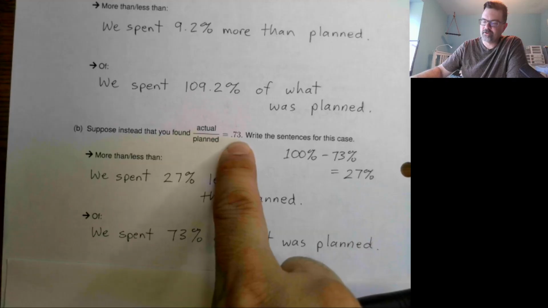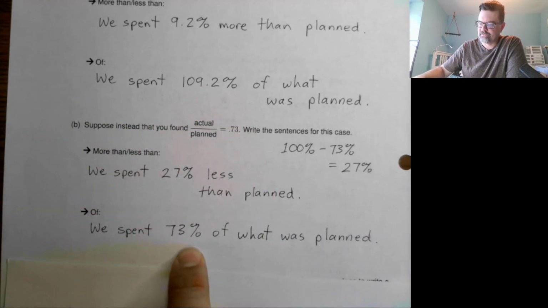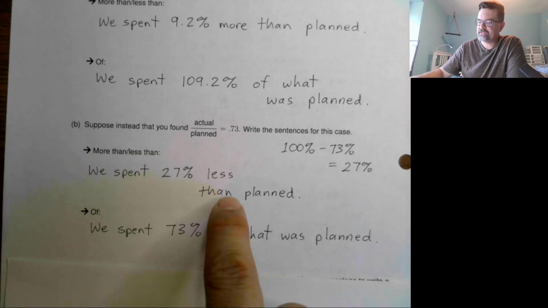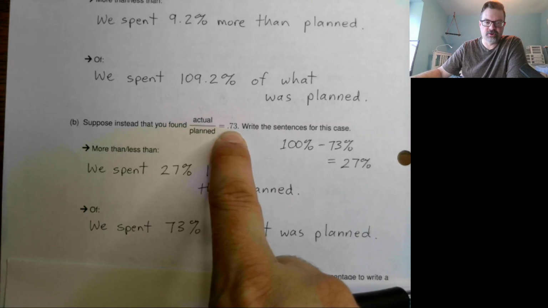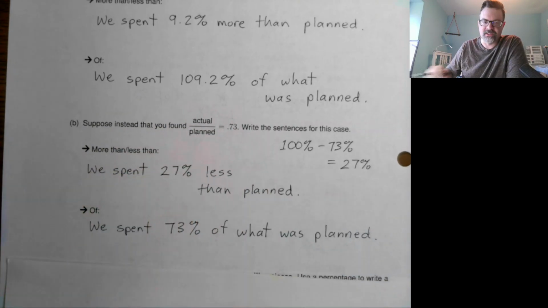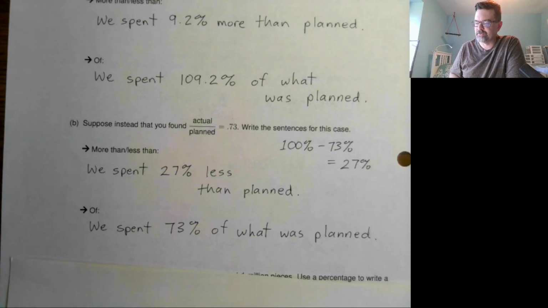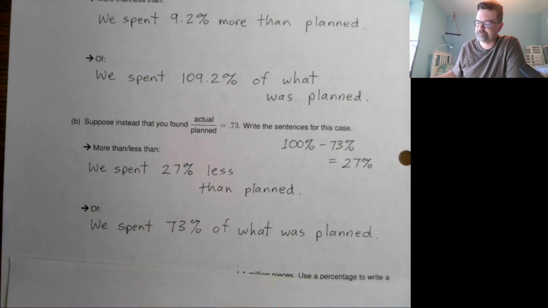The of statement comes straight out of this calculation, like so. The less than statement in this case, because this came out less than 1, less than 100%, would be the 27. If you did comp minus ref divided by ref, you would get negative 27%. But we don't state the negative, we just say things like less than.